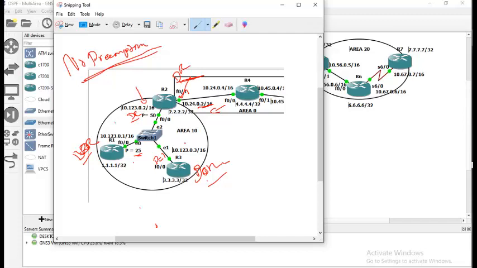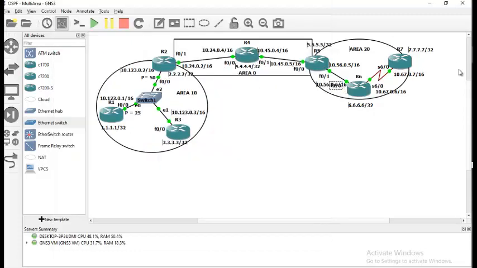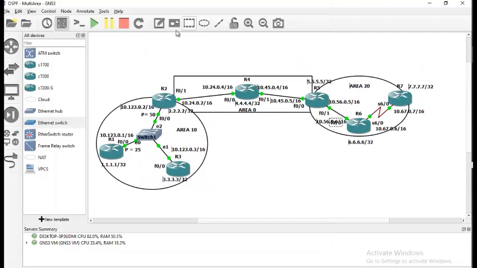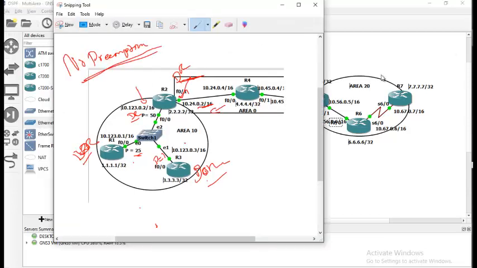DR election is over. DR is already there. There is no other DR necessary now. So even if this guy comes with the bigger router ID... listen, this priority here, we did not configure on this port. It's only here. On this port of R2, the priority is still 1. Here also priority is 1.